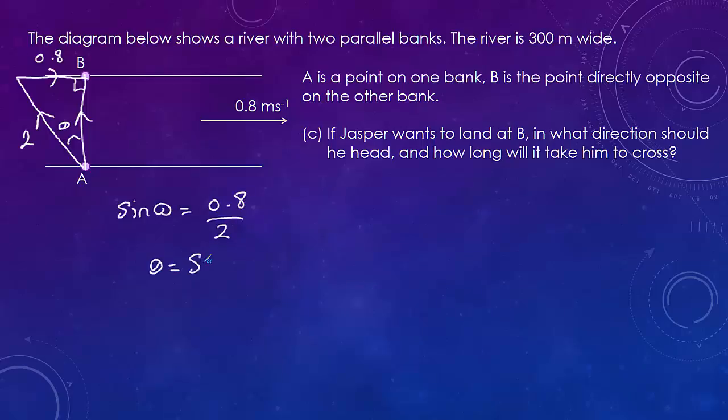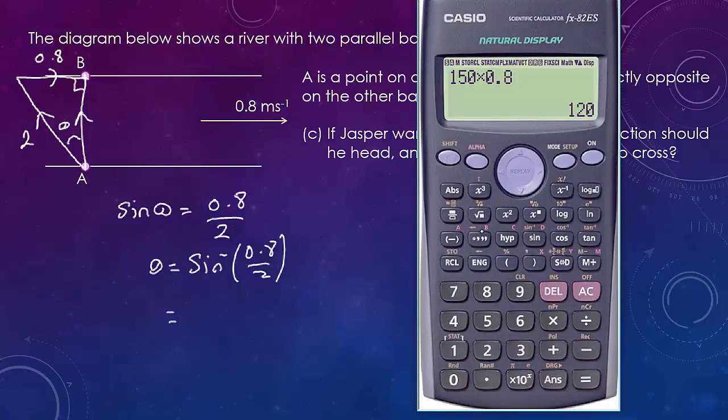So theta is going to be the inverse sine of 0.8 divided by 2. So if we bring in the calculator, we want the inverse sine of 0.8 divided by 2, and that gives me 23.6 degrees, we'll say.